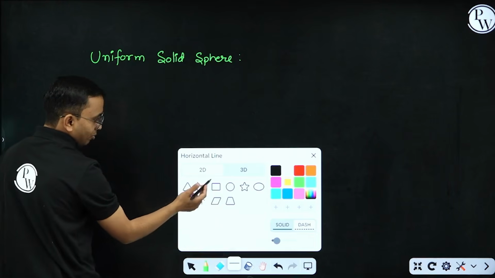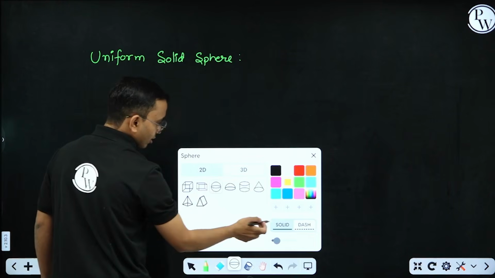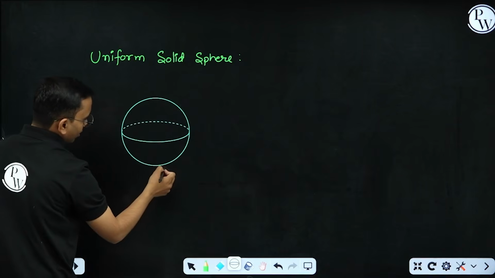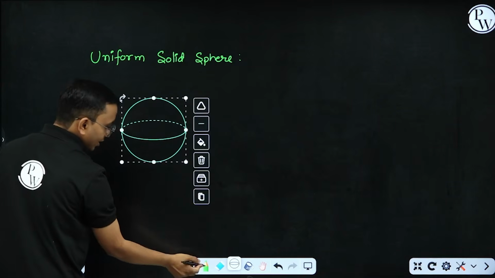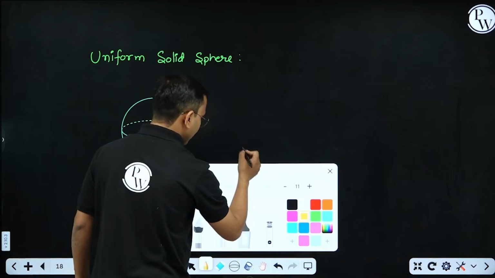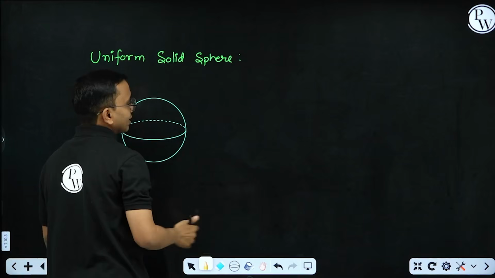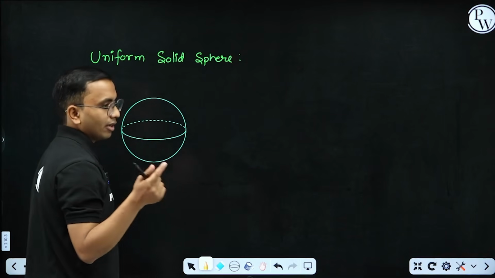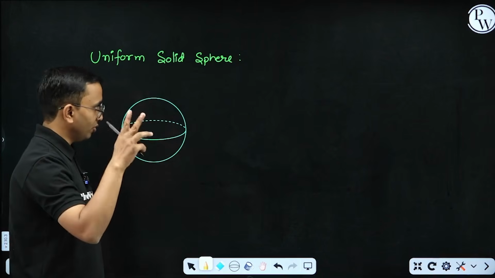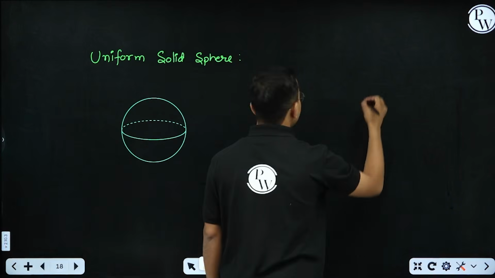Let us draw the shape. We are having this solid sphere, and I need to write the field for both the cases, when the point is inside and when the point is outside. So outside is very easy.